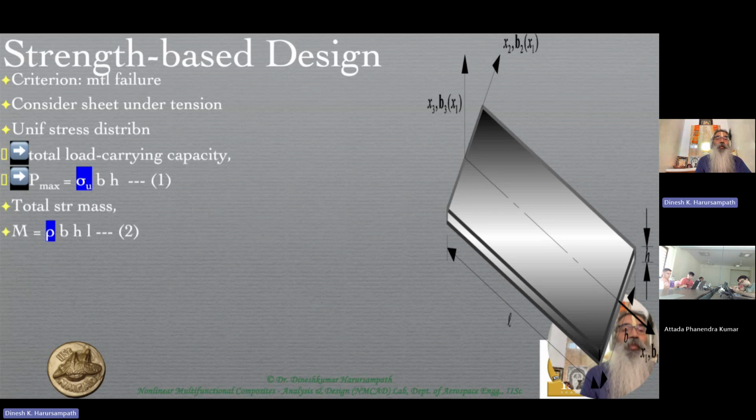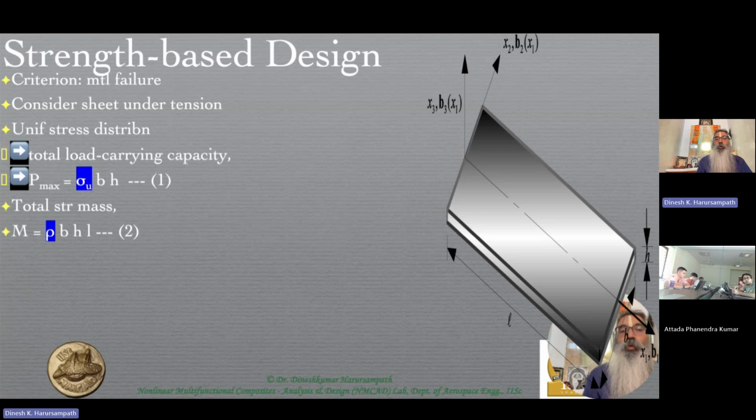Our focus, at least in today's class and maybe for this week, will be on the materials aspects, and therefore those two quantities are highlighted. In the first few slides, and in the second slide today, we looked at sigma u alone, along with E, of course, and in the third slide we looked at rho alone, but now we are looking at both of them together. Though they're still in two different equations, eventually we would like to combine them.